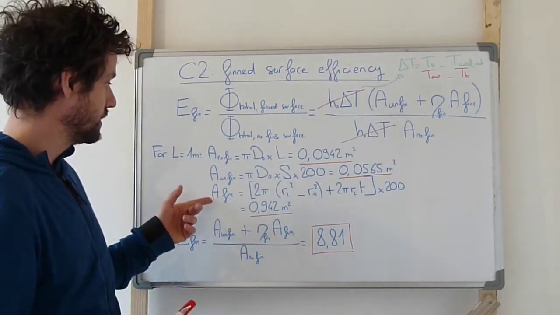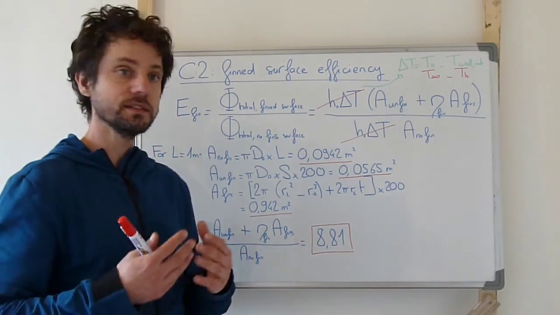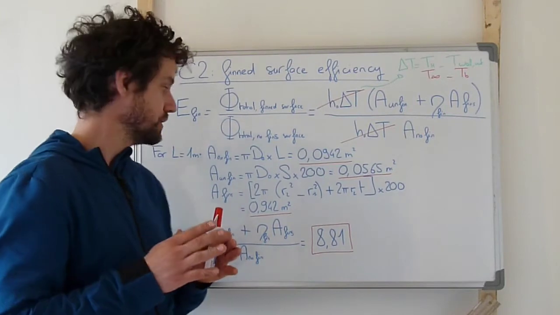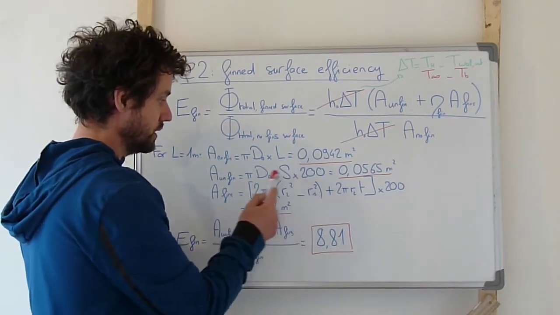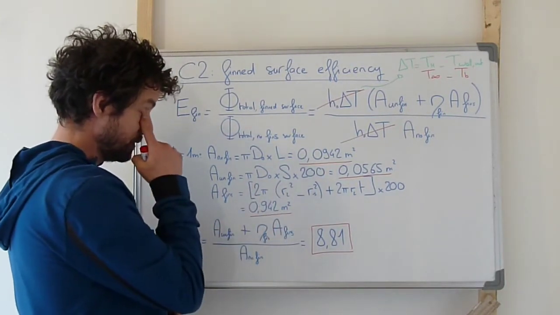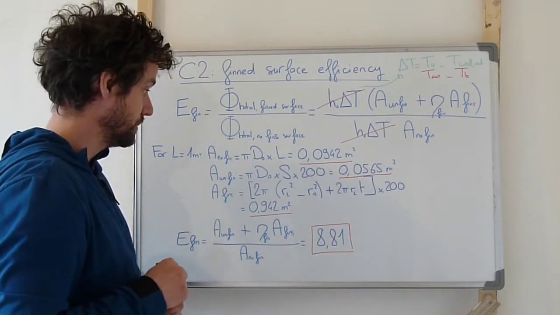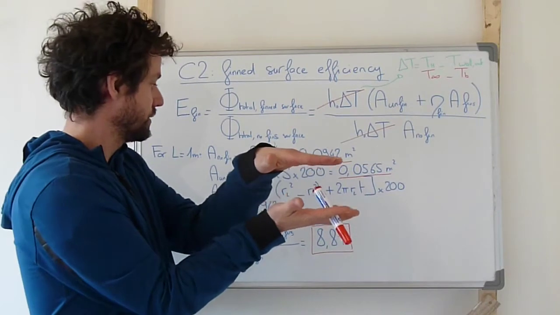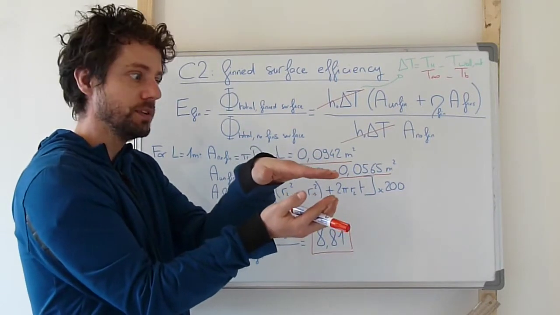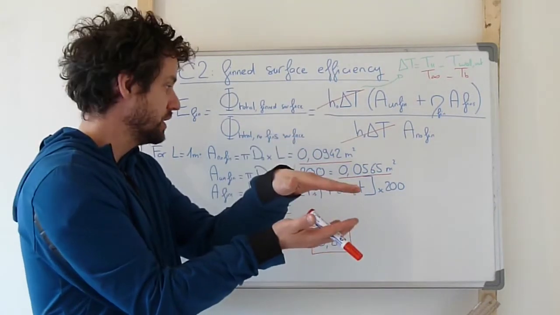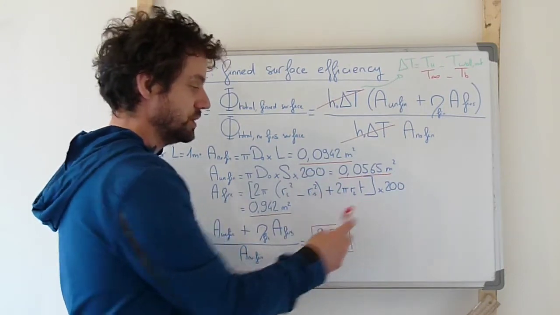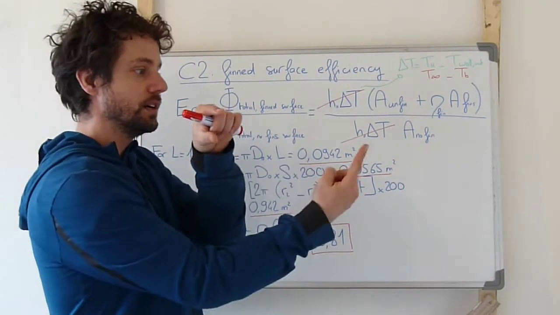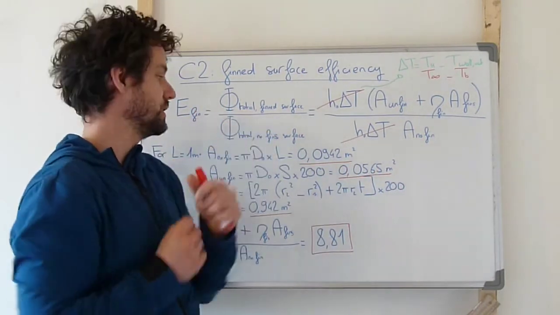And finally, the surface of the fins themselves. We have two components for the surface of the fin. We find here the surface of each side of the fins that are perpendicular to the pipe direction, and also we need to take into account the surface that is on the outer ring of the fins.